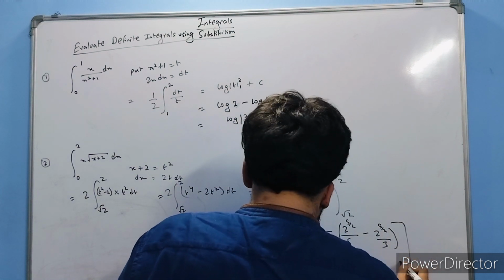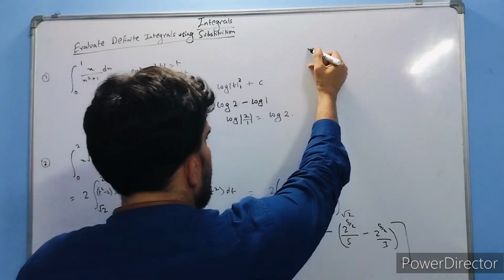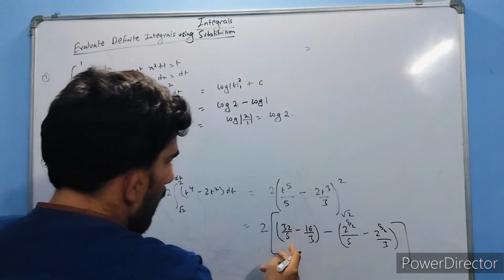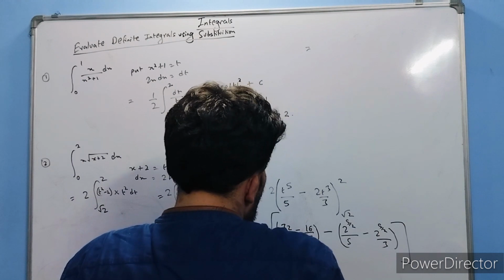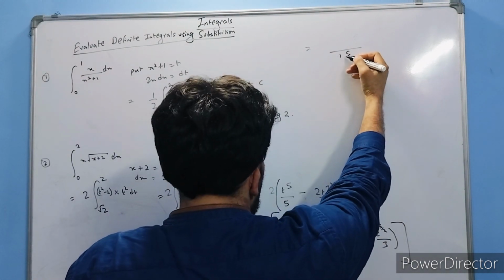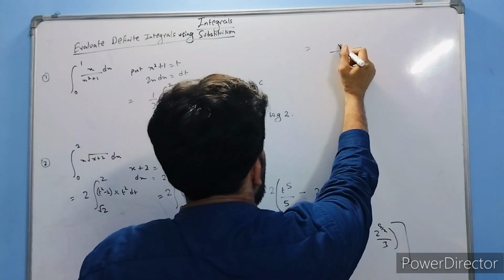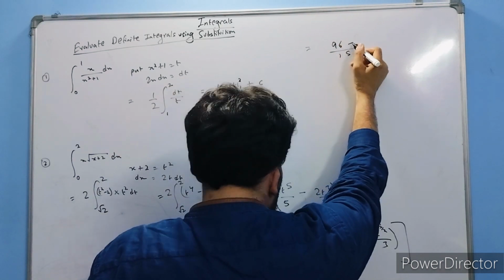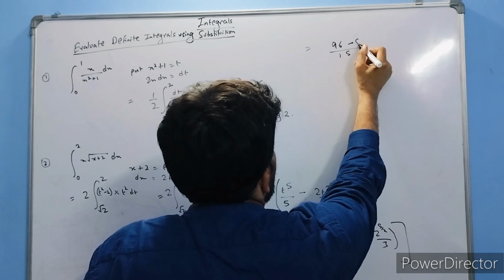Okay, so likewise I can solve it further. What I got here, if I try to solve this, is 15, so 5, 3, 32 into 3, that is 96, minus 5, 60, 80.